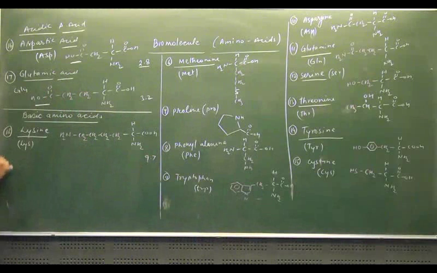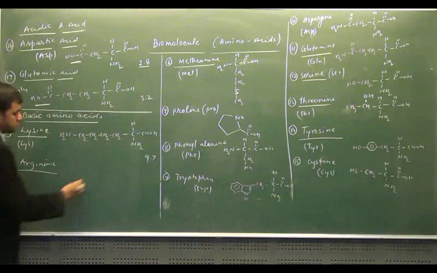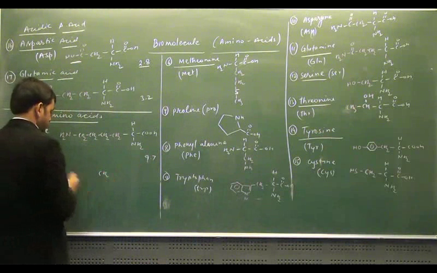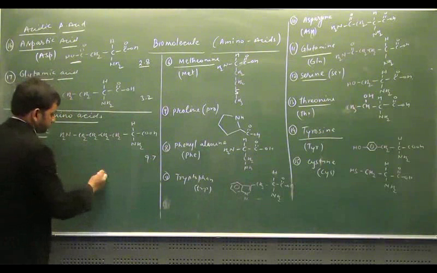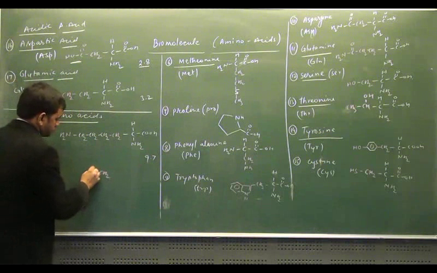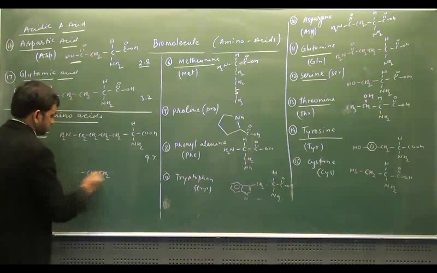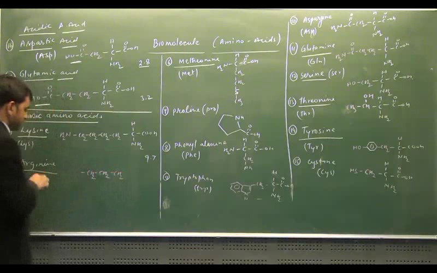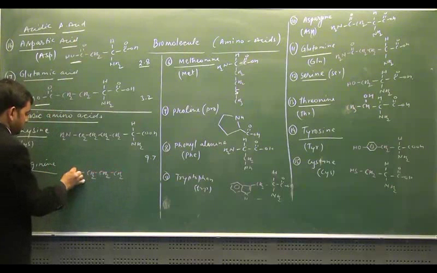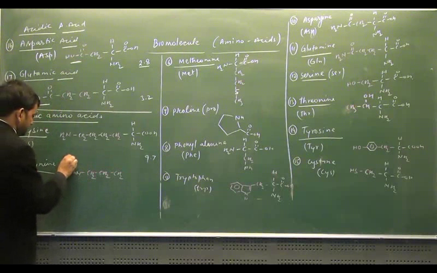Number 19, arginine, the semi-essential. Arginine: CH2, CH2, NH, C double bond NH, NH2.